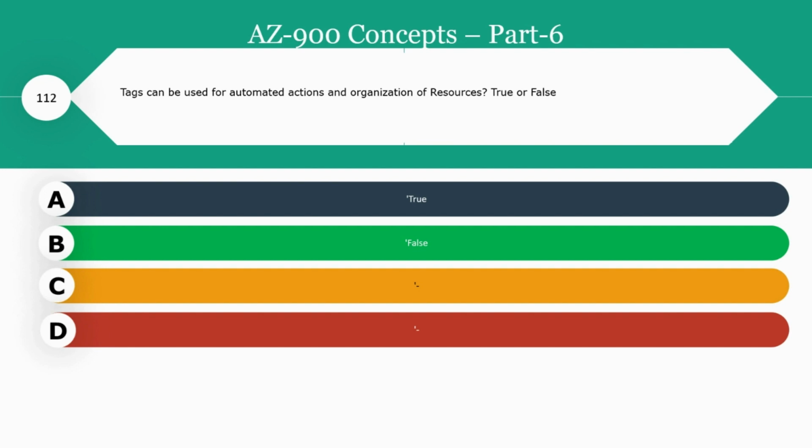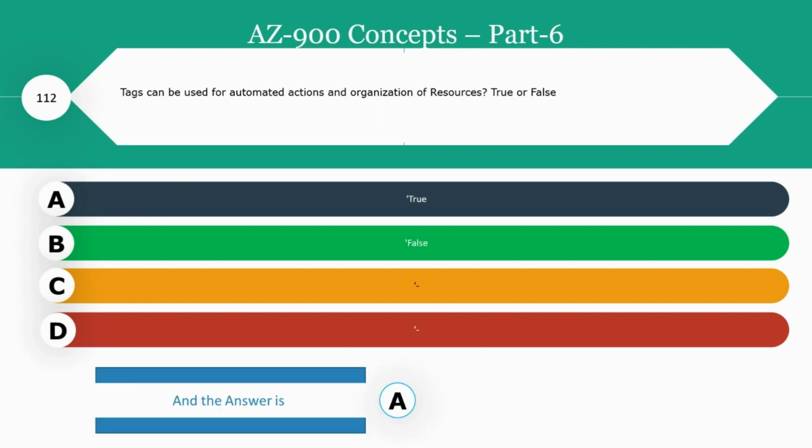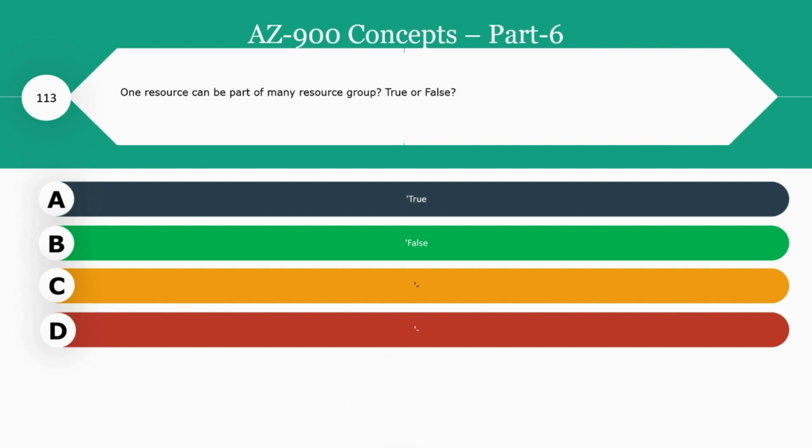They are also used to control a set of resources using the key value pair. For example, shutting down or bringing up virtual machines based on tag values, you can perform automated activities also. And so the right answer for this question is true, that is option A.